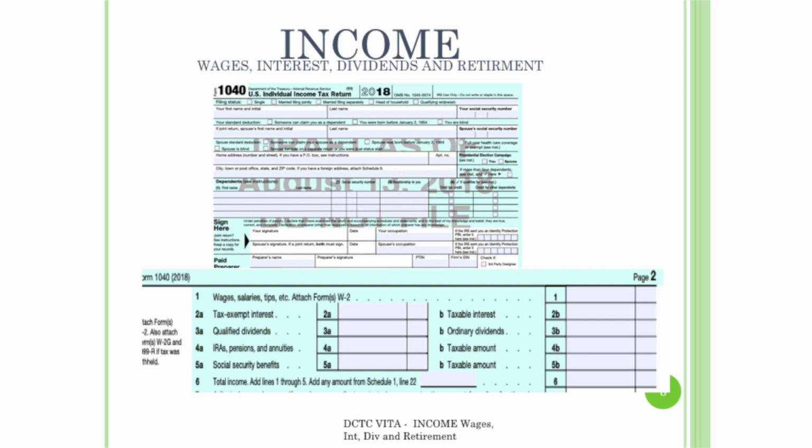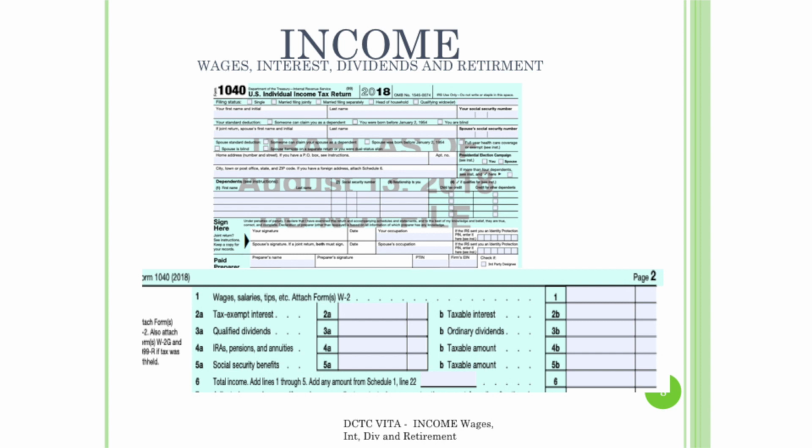So, with that said, let's address item number 1. Wages, interest, and dividends. I've just now addressed line items 1, wages, 2, interest, and 3, dividends.